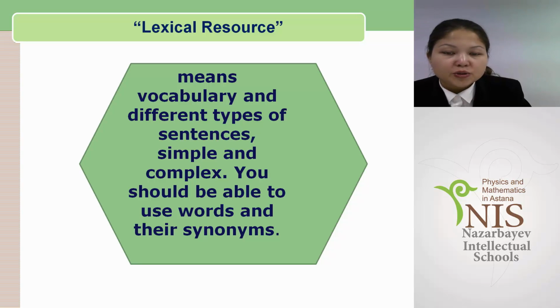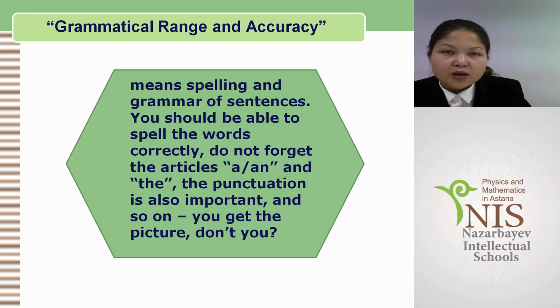You should be able to use words and their synonyms. Grammatical range and accuracy means spelling and grammar of sentences. You should be able to spell the words correctly. Do not forget the articles a, an, and the. The punctuation is also important, and so on. You get the picture, don't you?